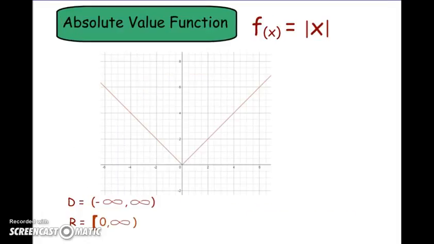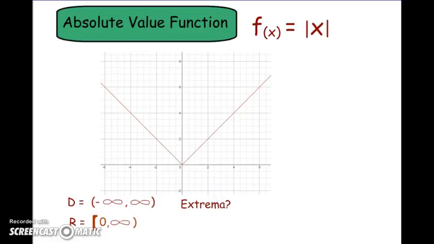I think you're familiar with this function, the absolute value function. We know that you can take the absolute value of any real number, so the domain is all reals, and the function produces nothing but positive values, so the range is all positive numbers, including 0. It actually does have an extrema.